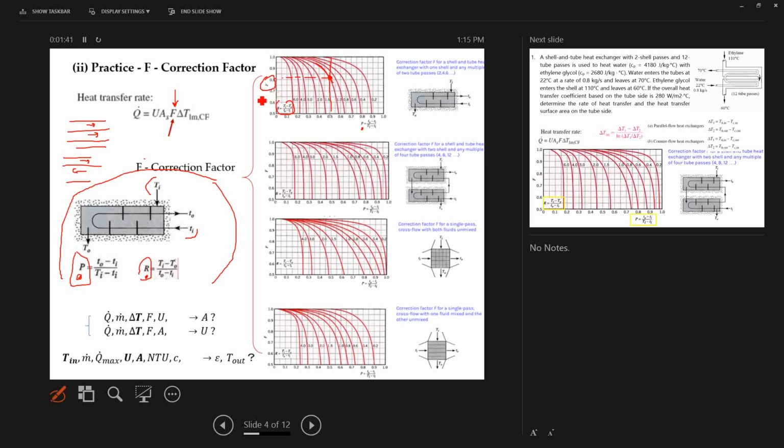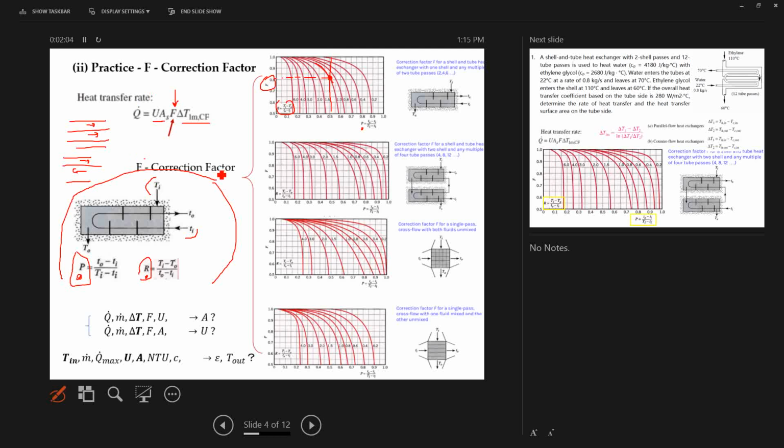And the correction factor F you can just utilize in what you already know, Q dot equals UA delta T ln. That's what we practiced last week. So the correction factor is the only additional thing you need to include in this calculation.